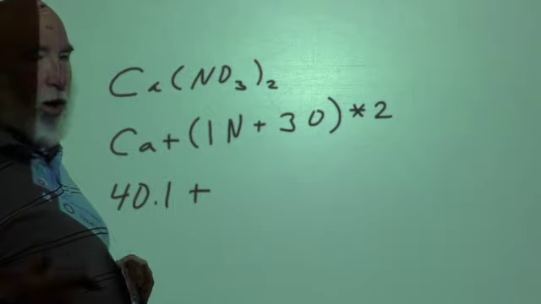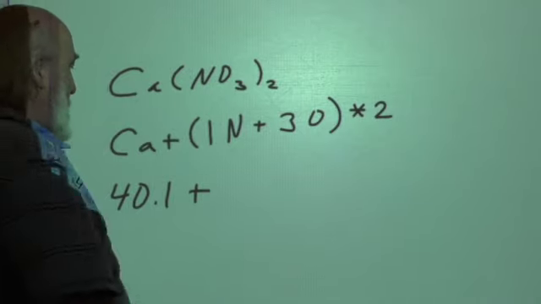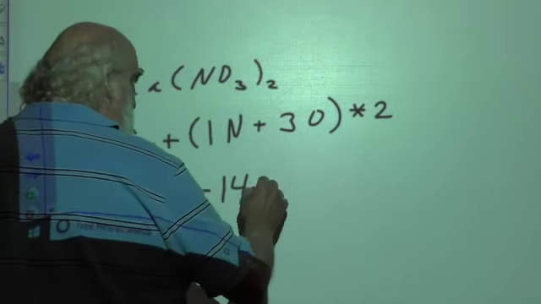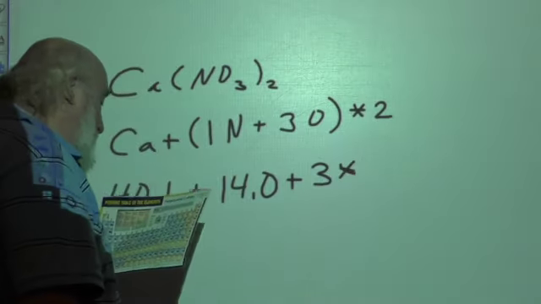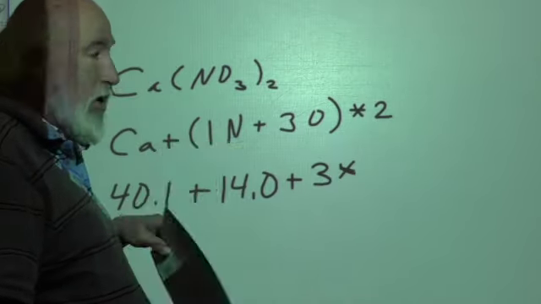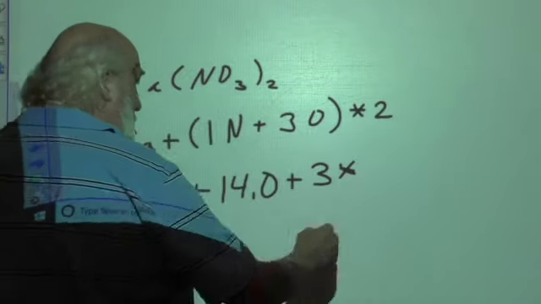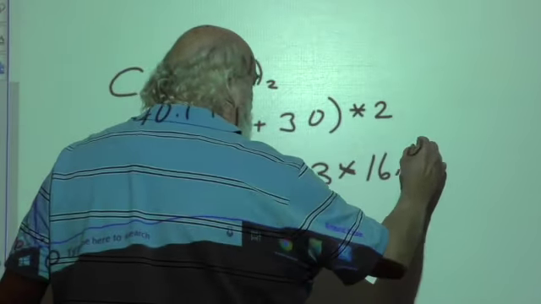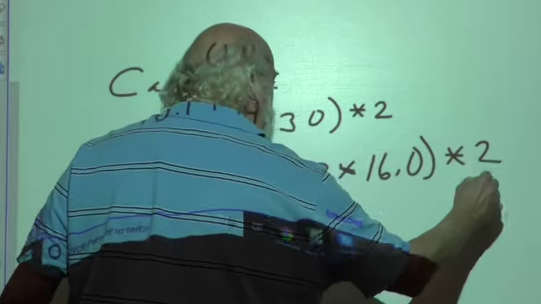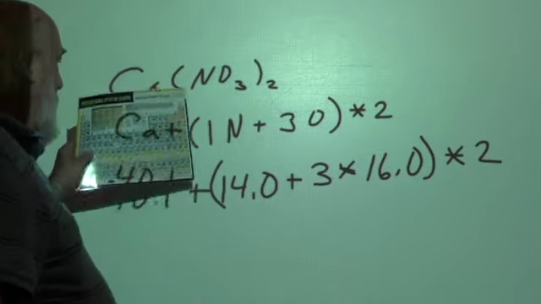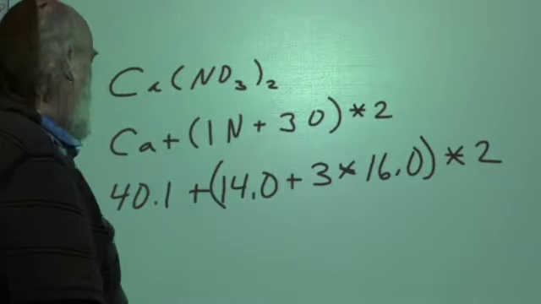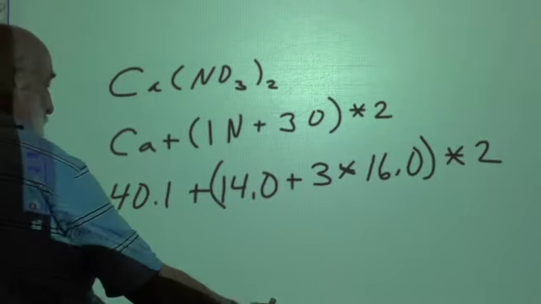The number next to it is also 0, so it doesn't get rounded up. It stays at 14.0 plus 3 times oxygen, and oxygen, as we said, was 16.0 because we got 15.9994, kicks it up to 16.0. And then that whole thing in parentheses gets doubled. So we should have a parenthesis right there. 1 nitrogen, 3 oxygens. Okay?